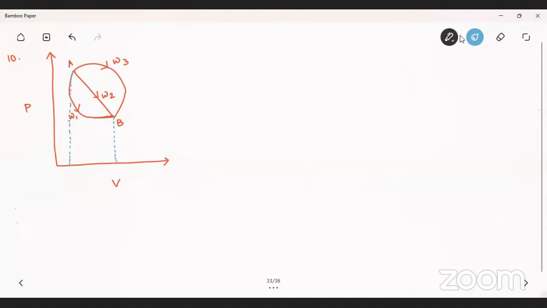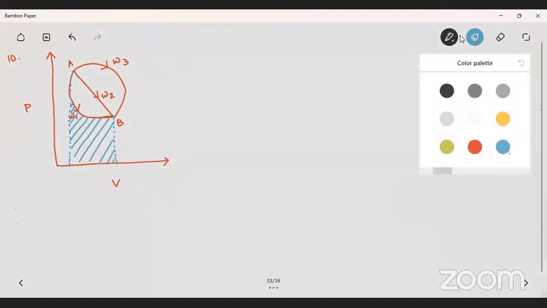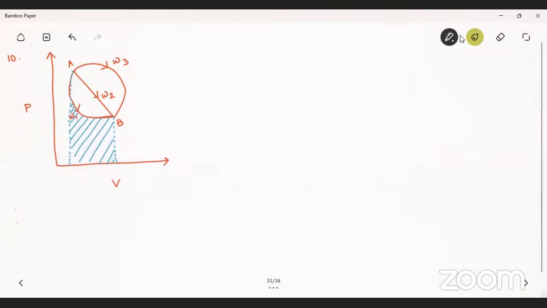Okay. So what is the area of W1? This much? Yes or no? What is the area for only W1? This much? Right or no? Say. Yes, ma'am. If I am wrong, you have the right to say. I will not shoot you. What is the area for W2?